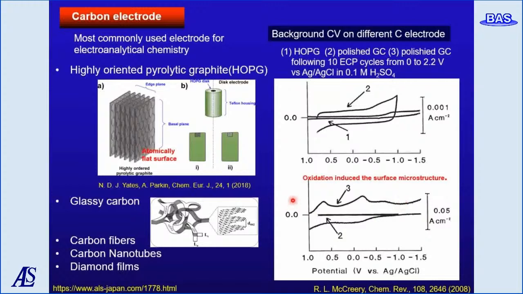Other carbon electrodes, carbon fiber and recently carbon nanotubes, are reported for electrochemical applications. Further, boron-doped diamond is a new phase for electrode materials. For the carbon electrode, you can find extensive reports on the ALS website.